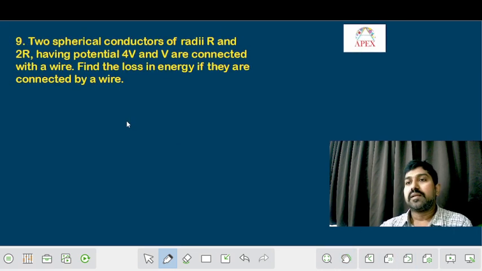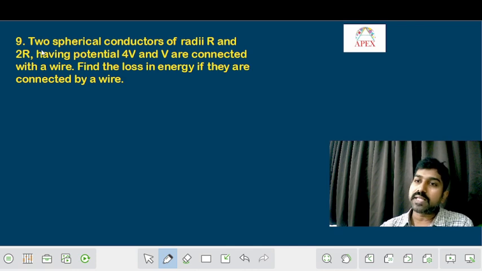And next one, two spherical conductors of radii R and 2R having potentials 4V and V are connected with a wire. Find the loss of energy if they are connected by a wire. Again, you have to use the similar formula, loss of energy. But here you should know the values of initial voltages, final voltage, initial capacitance and final capacitance.